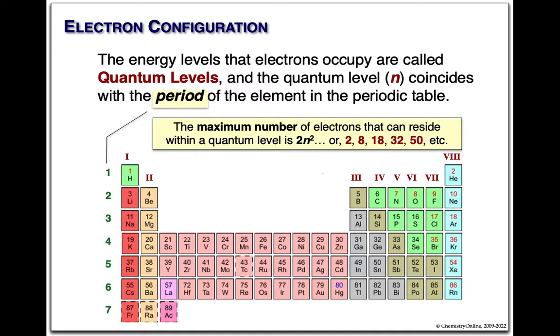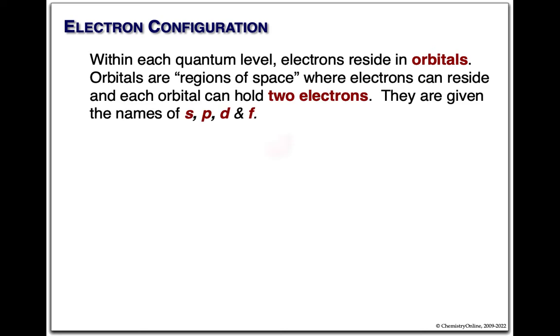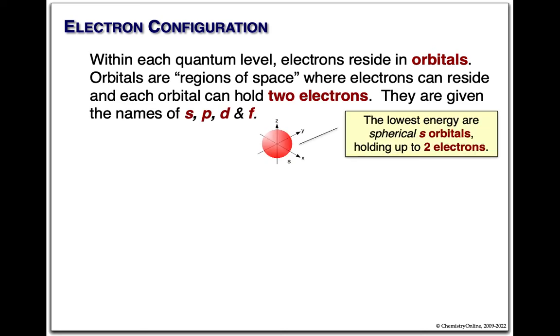Within each of these energy levels, electrons live in something we call orbitals. Now the simplest, lowest energy orbital is called an S. We also have P, D, and F. Each orbital can only hold 2 electrons.